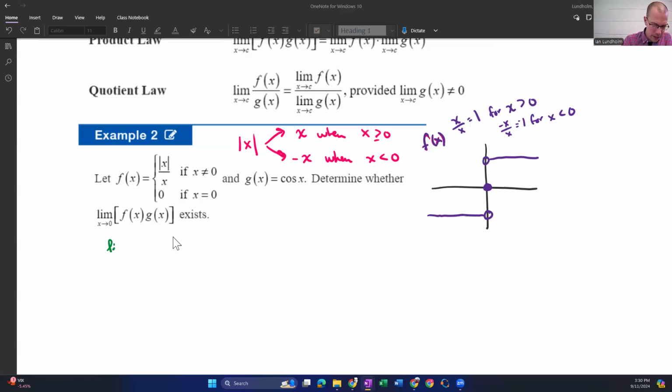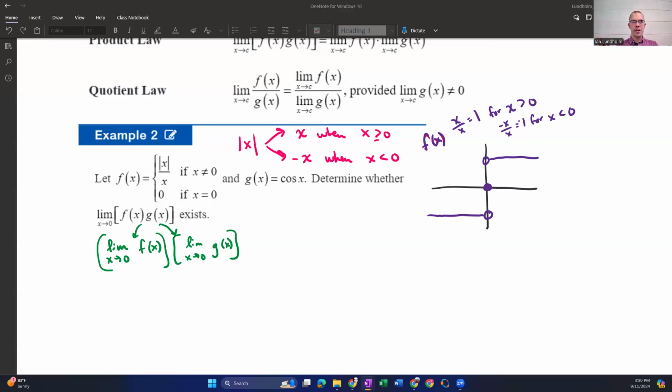So we'll be able to say the limit as x goes to 0 of f of x as one thing, and then the limit as x goes to 0 of g of x as its own thing.